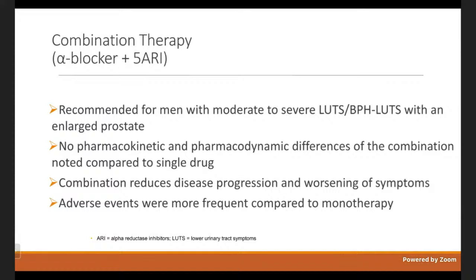It is very important to combine the alpha blocker like tamsulosin, silodosin, or alfuzosin with a 5-alpha reductase inhibitor like finasteride or dutasteride. It has been found that this combination reduces disease progression and worsening of symptoms, and adverse effects are not much greater compared to monotherapy alone.